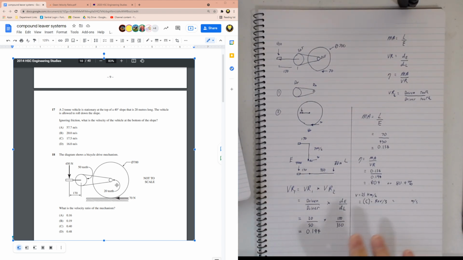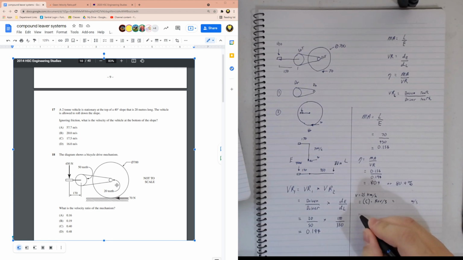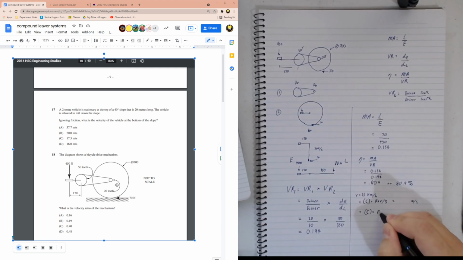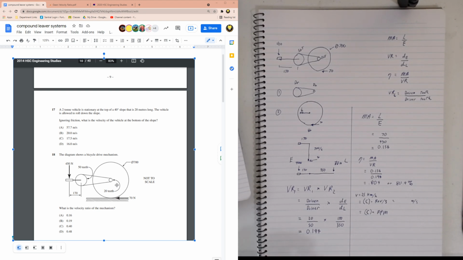We want our answer to be in RPMs. So we want our circumference times RPM, which means we have 25 kilometers per hour. We have to change that into meters per minute.